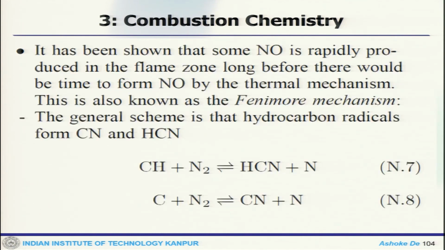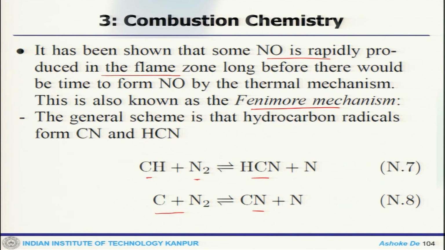Now, it is well known that some NO is rapidly produced in the flame zone. Obviously, because thermal NO would be formed in the post flame zone, but before that NO comes by a different mechanism. This is known as the Fenimore mechanism. The general scheme is that hydrocarbon radicals, CH, react with N2 and form HCN, and C forms CN and all these things.